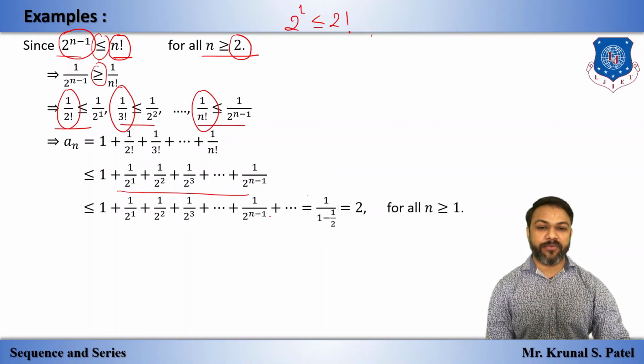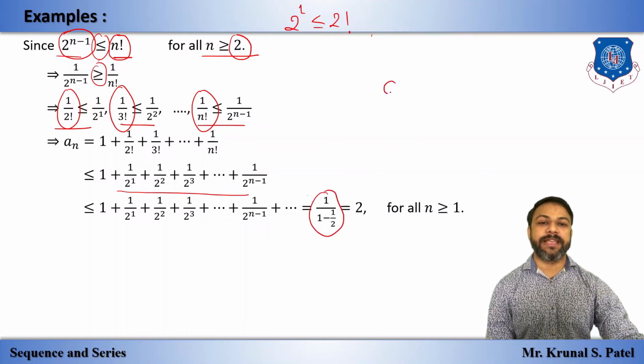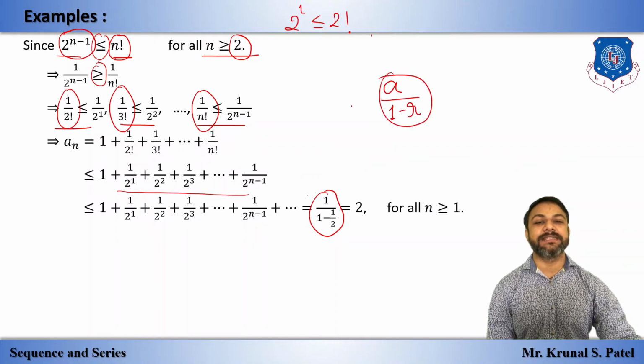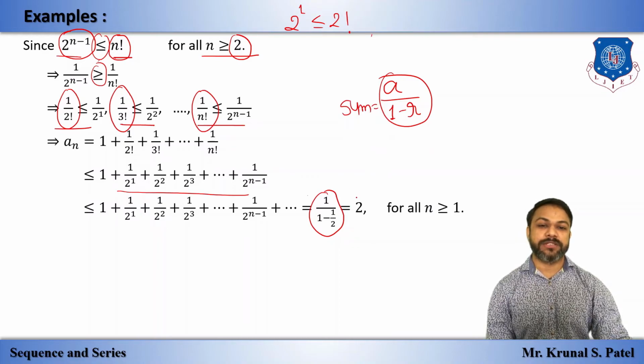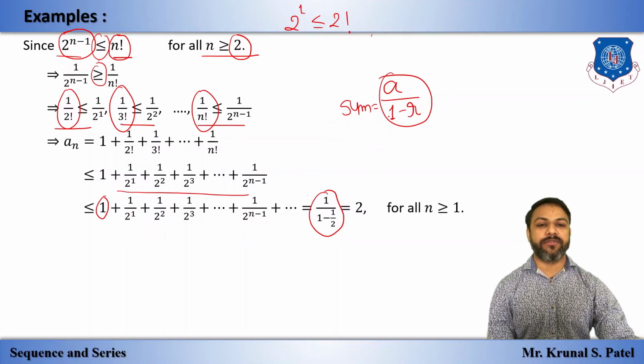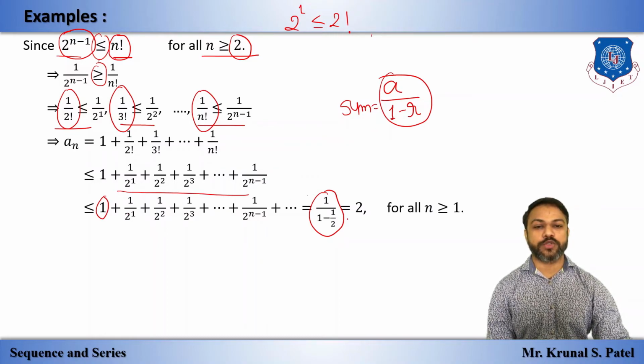We can apply the formula a upon 1 minus r for the sum of an infinite geometric series. Here a is equal to 1 and the common ratio is 1 by 2. So a is 1 and 1 minus 1 by 2 gives 2.